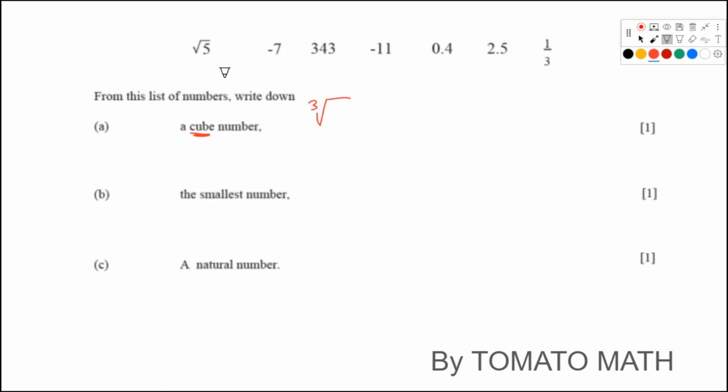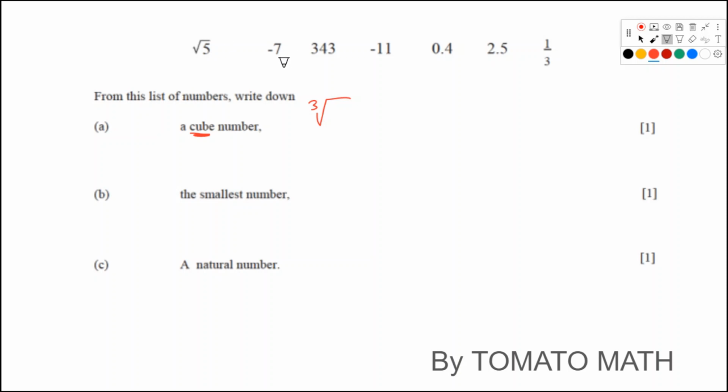So the cube root of 5. Now we know that the cube root of 5 is not a perfect number. If you try it in the calculator, you will get 2.23, so of course it's not going to be a cube number. So this is wrong.